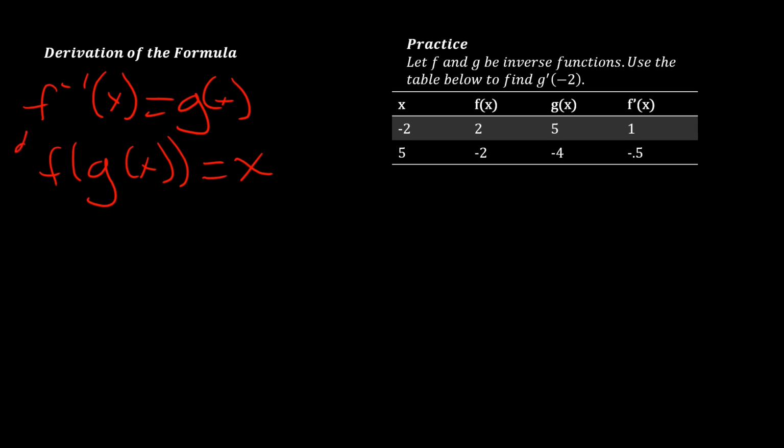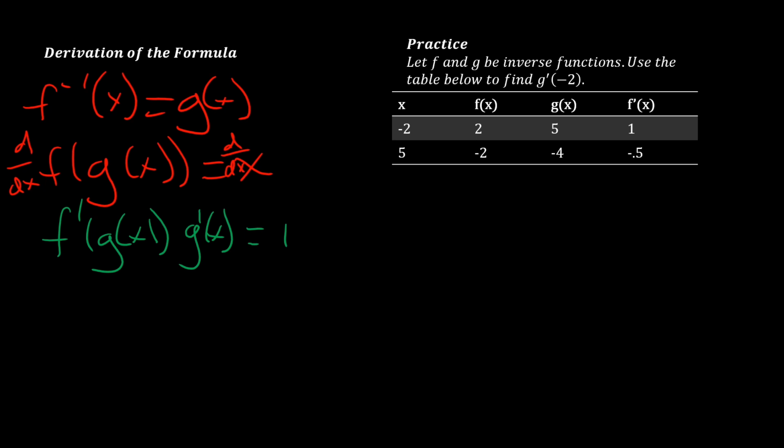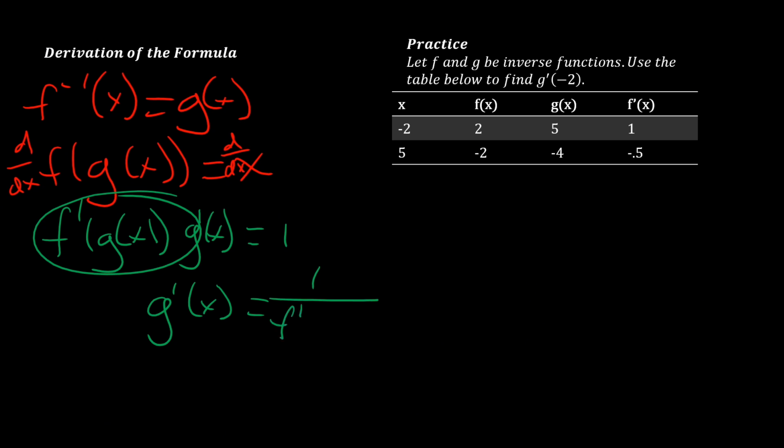And now we're going to differentiate both sides, and then we're going to get, by chain rule, f prime of g of x times g prime of x is equal to 1. It's a simple chain rule, and then obviously the derivative of x will be 1. And now we're going to divide both sides by this here, and we're going to get g prime of x is equal to 1 over f prime of g of x.